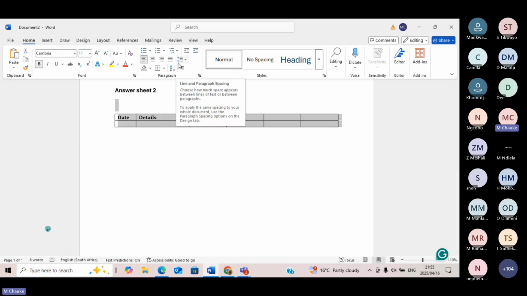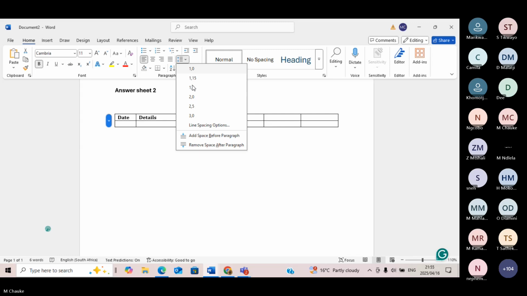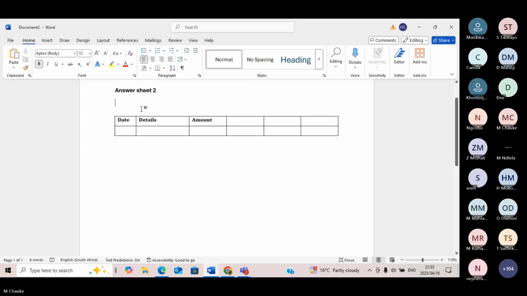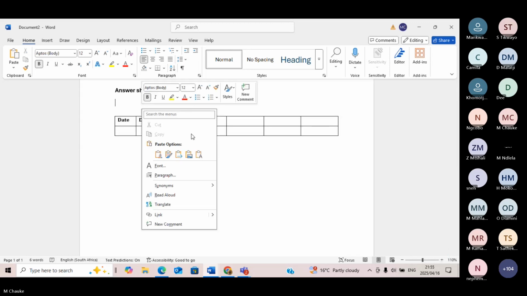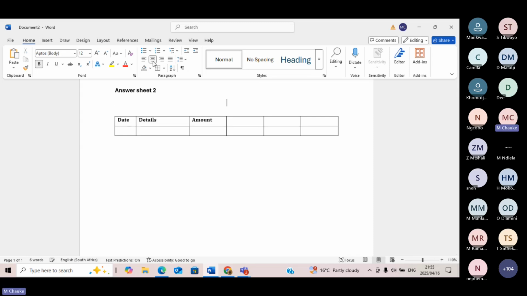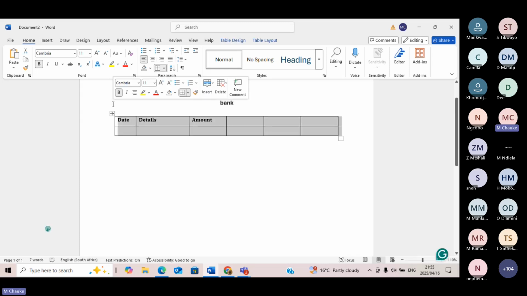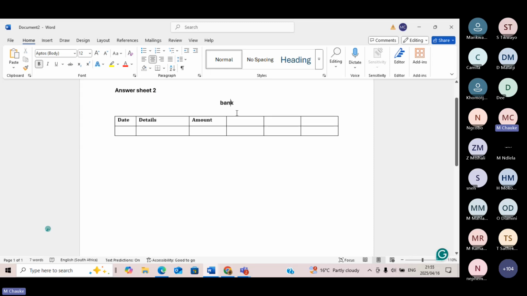I'm going to indicate bank up there, and then this is the debit side of the bank account, for example.